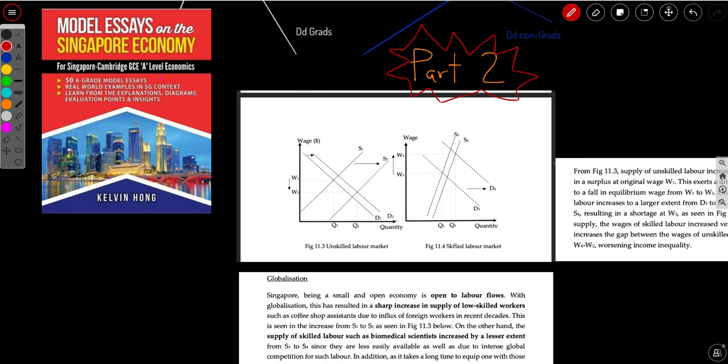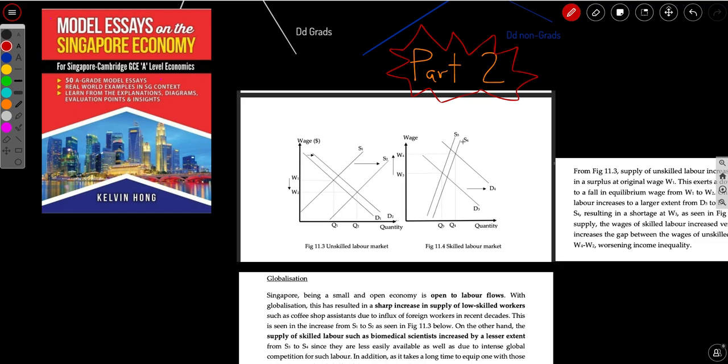The demand for university grads, as you can see here, is increasing a lot more than the demand for the non-university grads. So that is one big reason. The second big reason is that the supply for the non-university grads is increasing a lot more than that for the university grads.